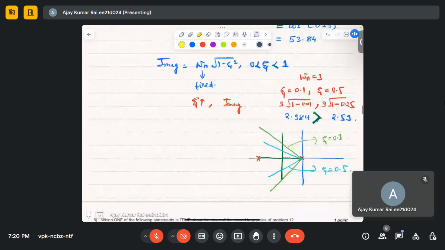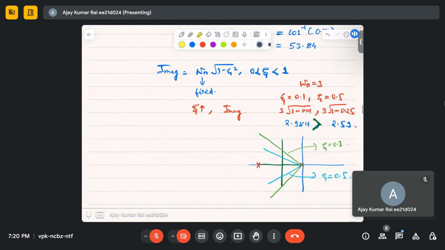Can you tell me? You see, at zeta equal to 0.1, we have this green one, and at zeta equal to 0.5, we have this blue one. If I increase the zeta, you will get this one. If I increase further, you will get this, and if I decrease the zeta, you will get this. So this is 0.1. You can say zeta is 0. Below that is 0.9.